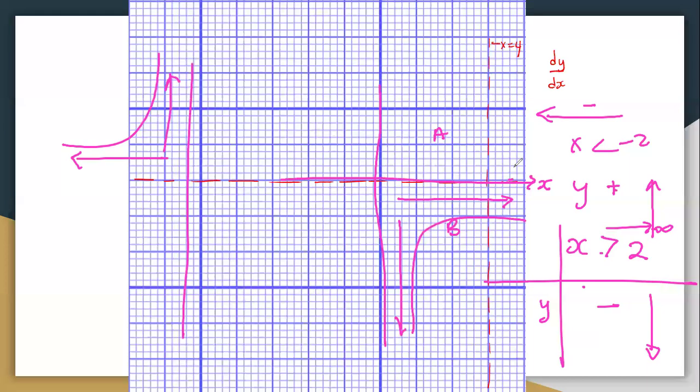Teacher, I have a question. When we wanted to know where the curve lies between -2 less than x less than 2, when I inserted -1 in our equation, I got a positive. But when I inserted +1, I got a negative.